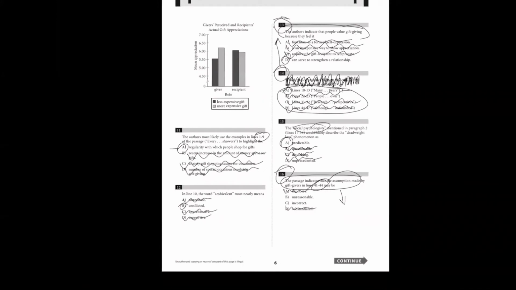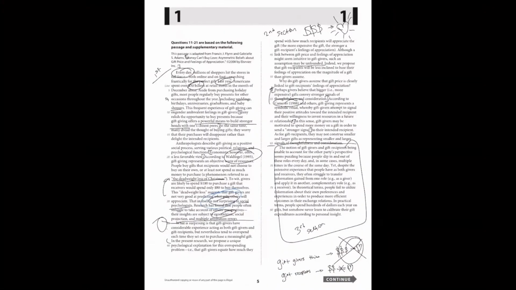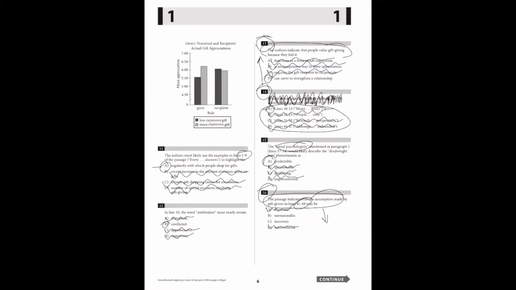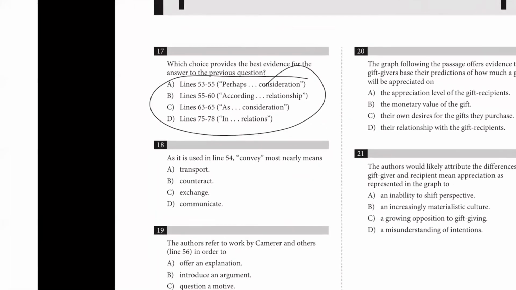The author is saying that perhaps the gift givers think that the more I spend, the more love I'll get, right? So he's providing what they think. He's not providing it as if it's wrong or unreasonable. So A is kind of a two-step. We need more information to make a justifiable, definitive conclusion. So for that reason, A is incorrect.